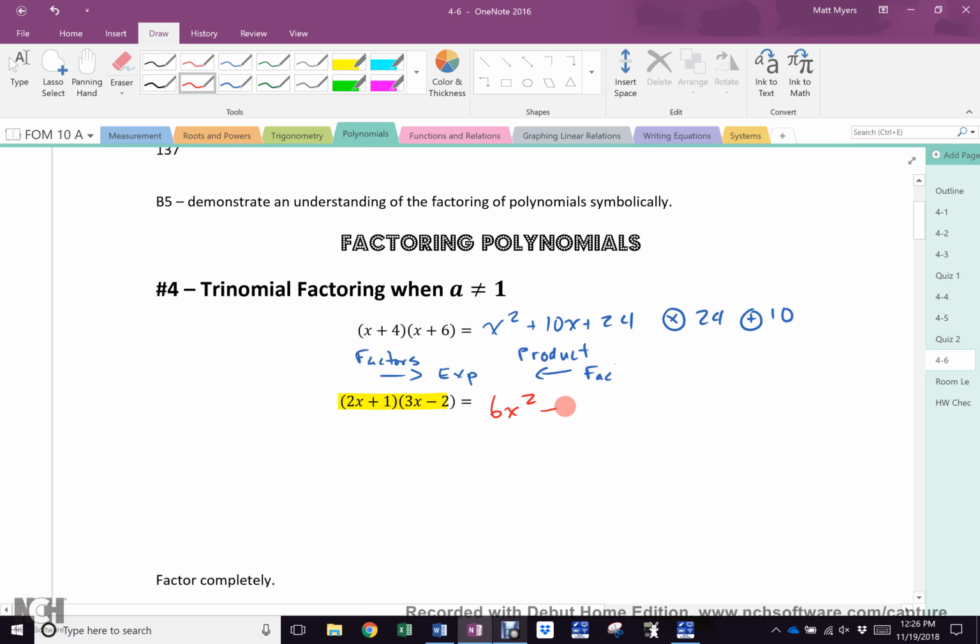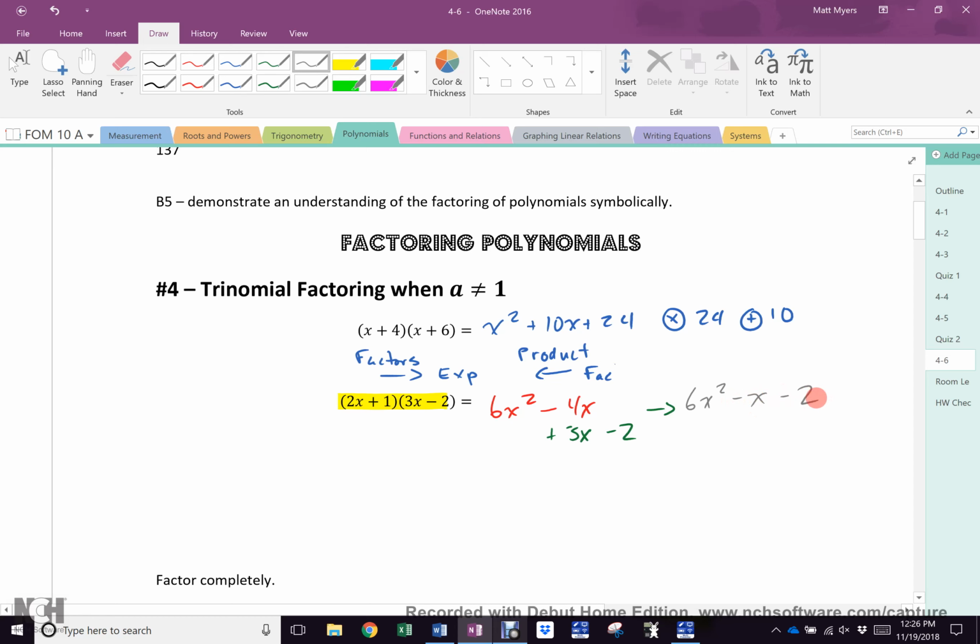No, don't do it that way, Marcos. Let's go all the way through. Trust me. Minus 4x. Then what? Plus 3x. Then what? Minus 2. Which would give me a final polynomial of 6x squared minus x minus 2.